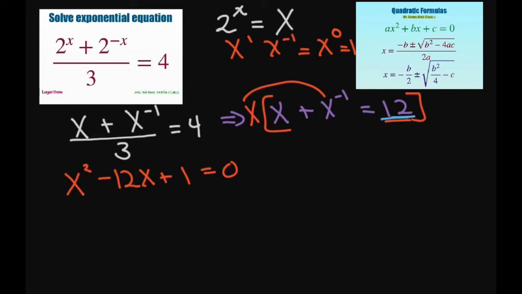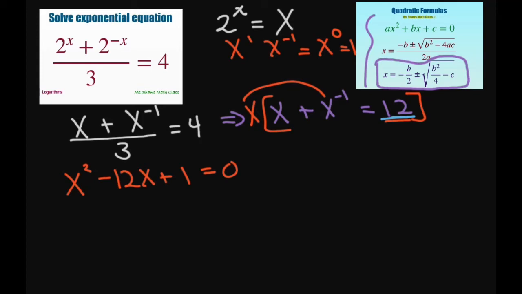Now, this one we can't factor, so we're going to use the quadratic formula. It's easier if you use this formula, because you don't have to deal with the a part.